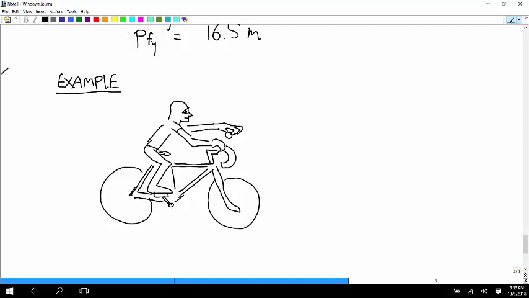And you're holding this ball 1 meter above the ground. And over here is a cup. And you're riding your bike 5 meters per second this way.